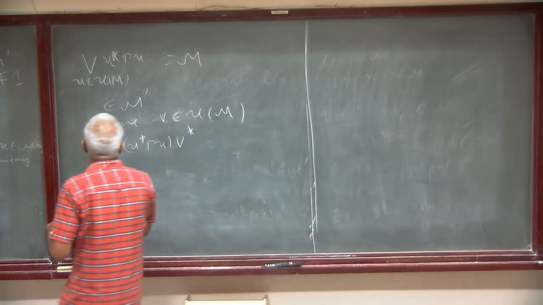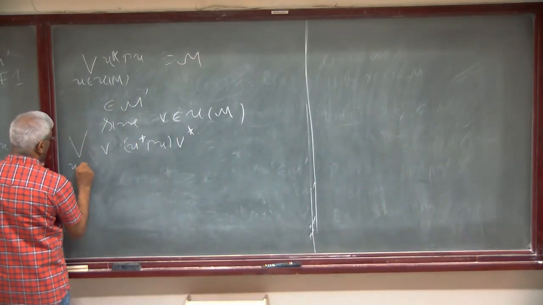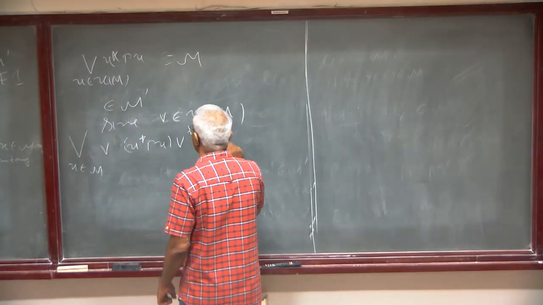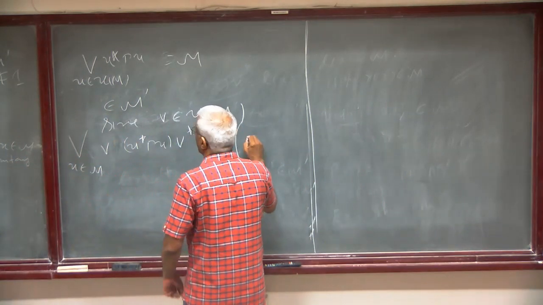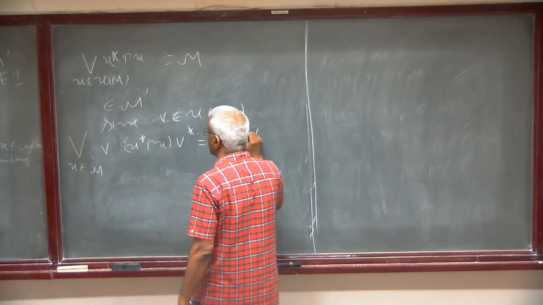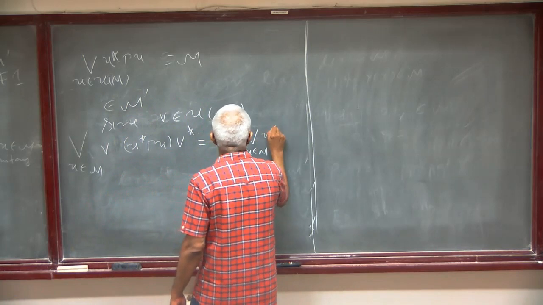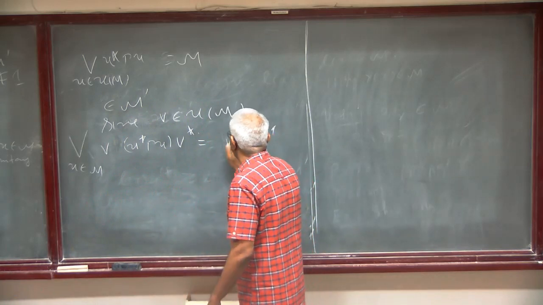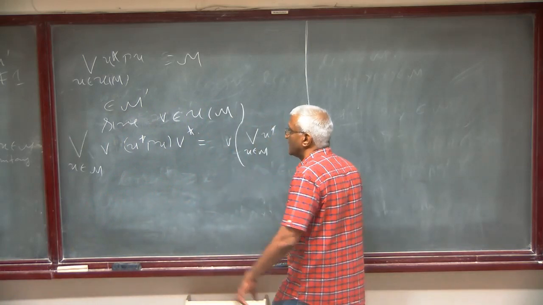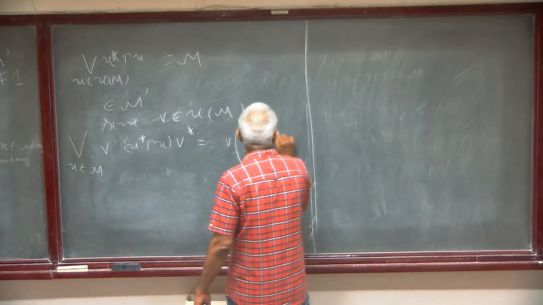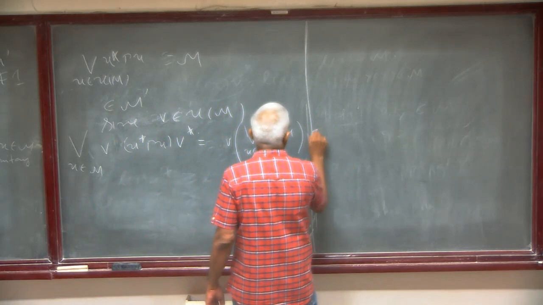This, when you index it by U in M, is actually equal to V star P V, you just verify this. This small v is unitary, and that is big V, which is operation V. U star PU V star.